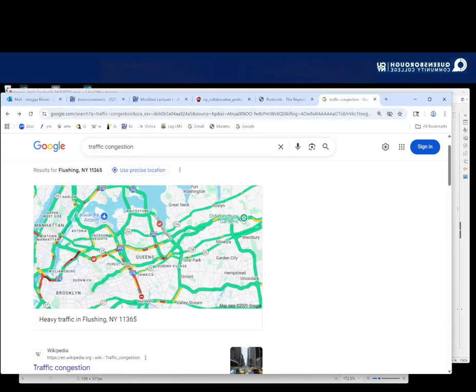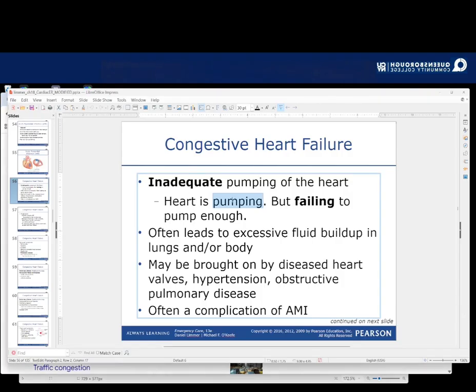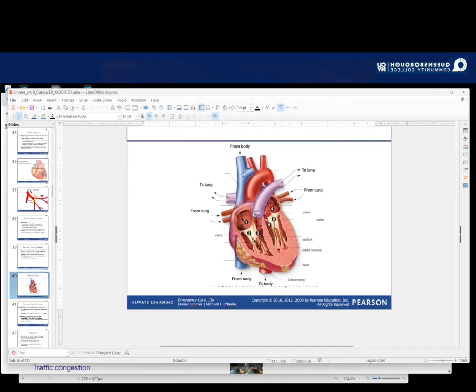And similarly, if the heart is not pumping blood through well enough, then the blood in the vena cava waiting for its turn to get into the heart is delayed, which means the blood in the veins waiting to go into the vena cava is waiting for its turn too.